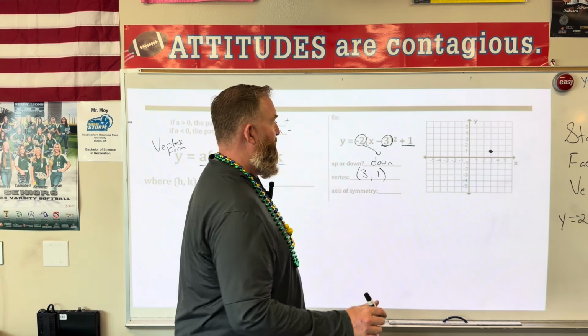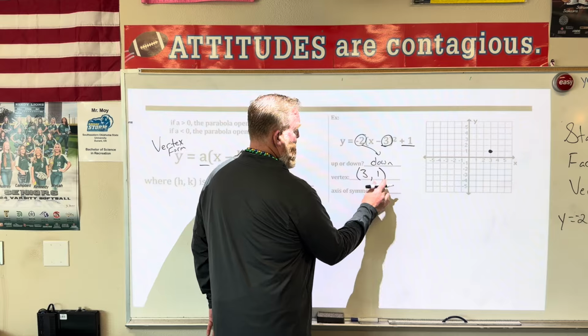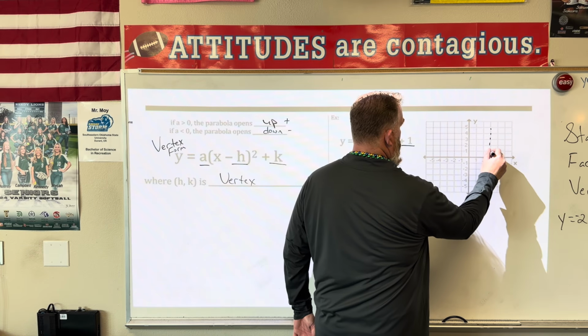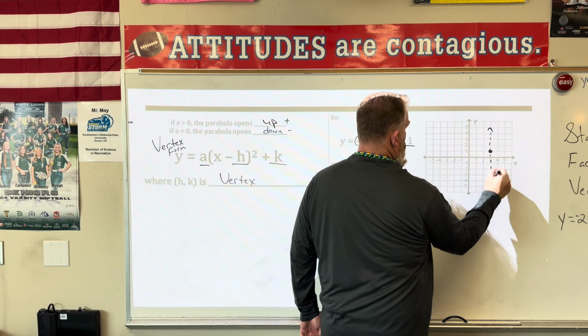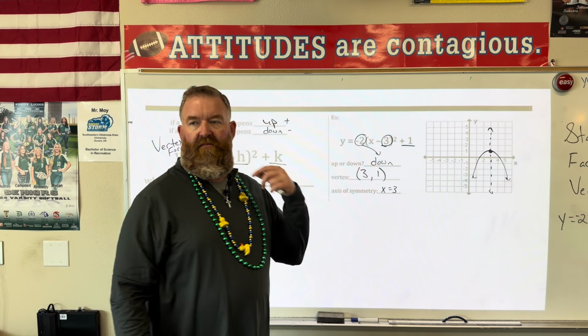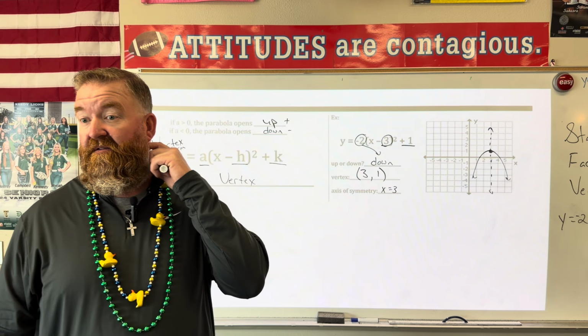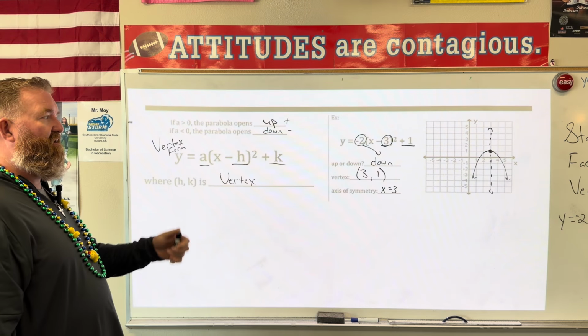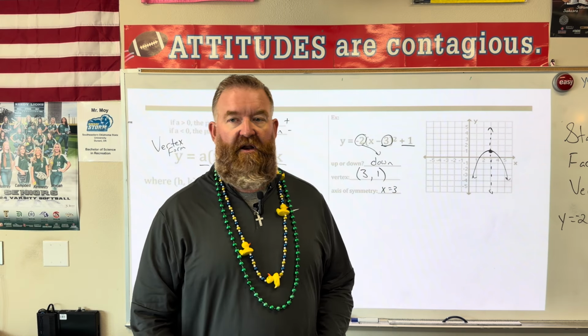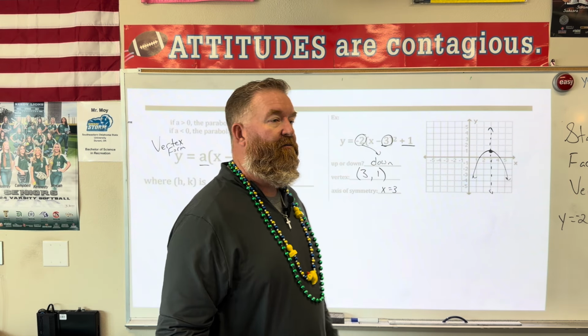So if my vertex is 3, 1, my axis of symmetry is x equals 3. It goes right through here. And this one, if I try to draw it, it's going to be something like this. Everybody good? Any questions on vertex form?